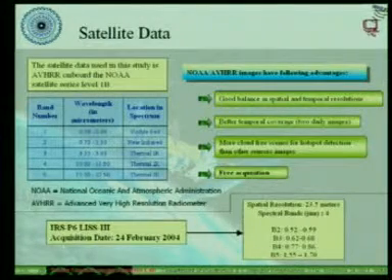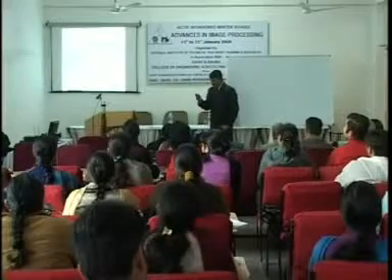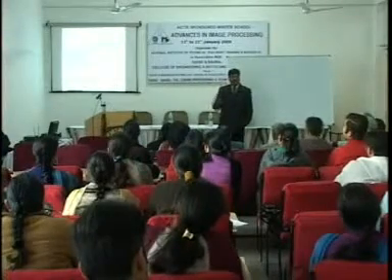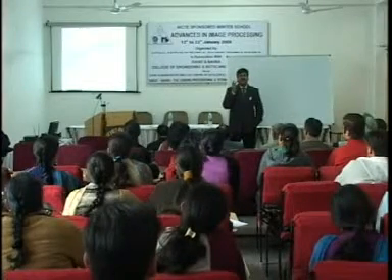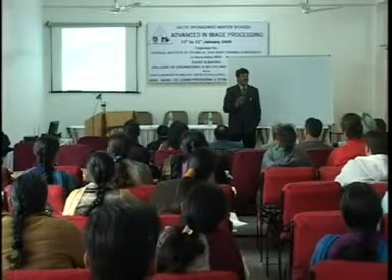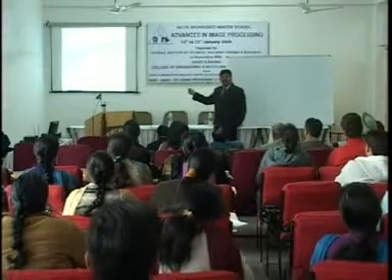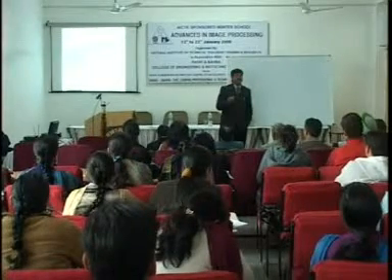So why have I selected these satellite images? Because, as I have mentioned, either you get an image in 6 months or you get an image daily. Here we are talking about two things: temporal resolution and spatial resolution. The spatial resolution here is approximately 1 square kilometer, whereas the temporal resolution is daily.